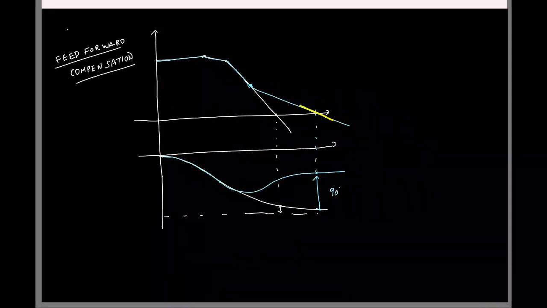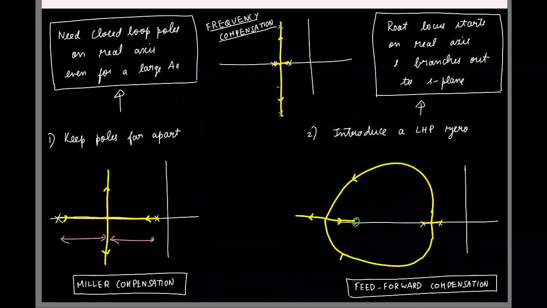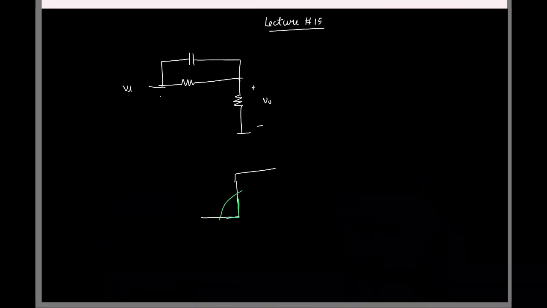And as you pointed out, the first technique where we were keeping the poles far apart was very similar to the effect of pole splitting we discussed in the context of a common source amplifier. So first let's refresh that result, and then we can use that. So this was the common source amplifier.